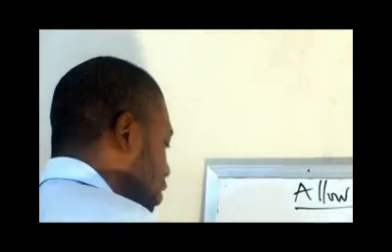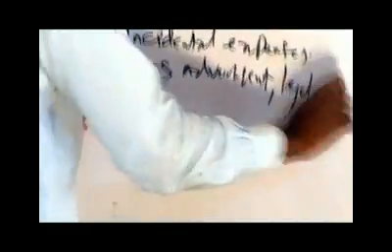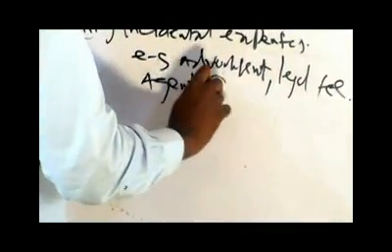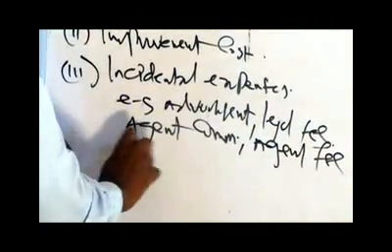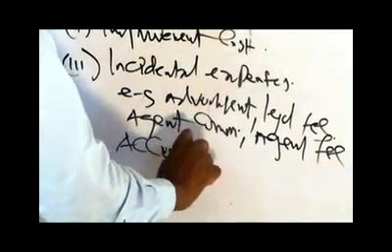It can be advertisement, legal fee, agent commission, agent fee, accountancy fee, and any other expenses that is towards the disposal of an asset. So these are basically allowable. Any expense that's not here, that expense will not be allowed by tax authority.